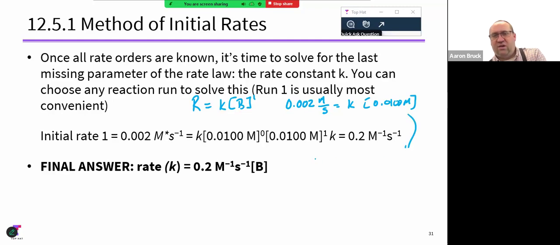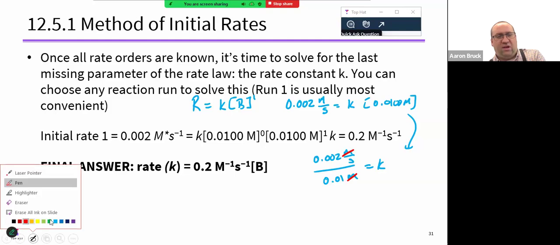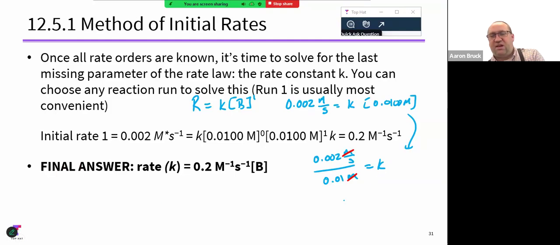I do the division, 0.002 molar per second over 0.01 molar. I see that the molar concentrations cancel. So my unit here is going to be in reciprocal seconds.